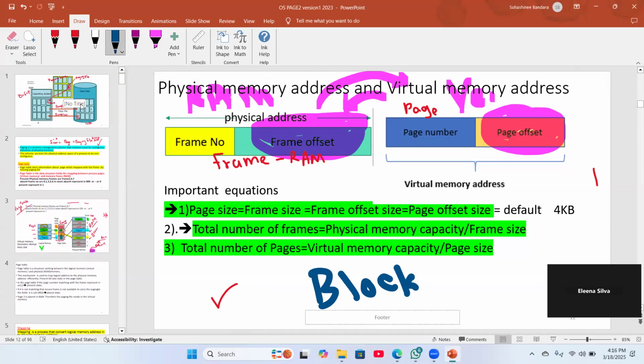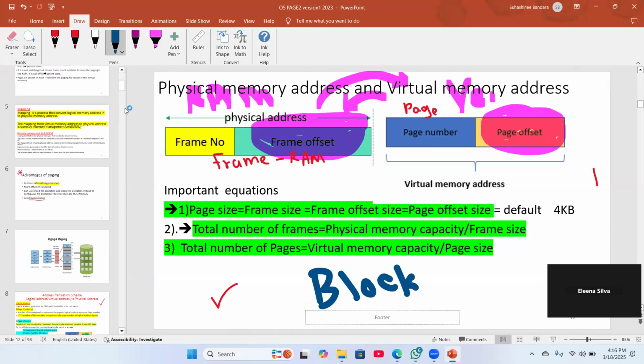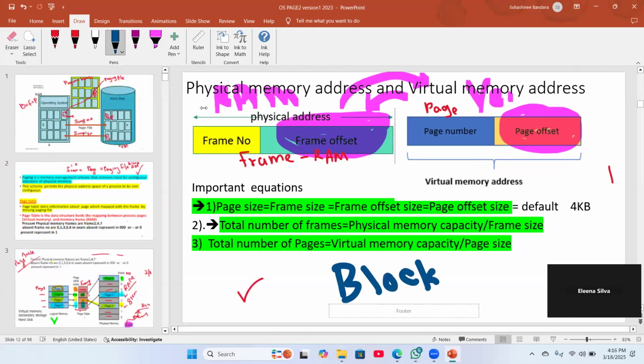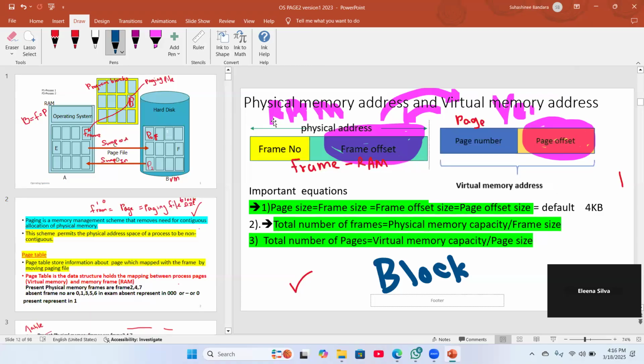Each program block is equal in size. We call it a paging file or program blocks. This yellow color one. So these program blocks are equal in size.